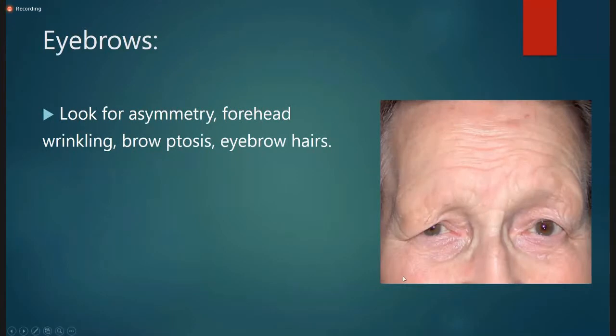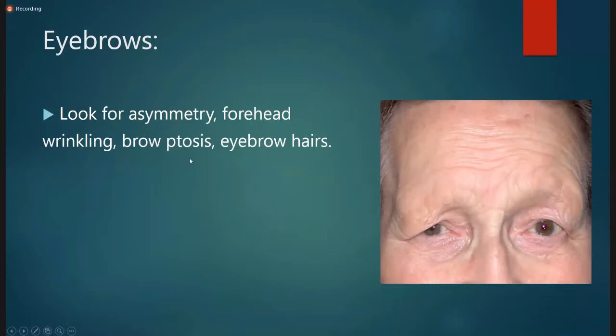So look at this picture. You can see the asymmetry between the two eyebrows. In the right eye, the eyebrow is covering the pupil. But when we elevate this eyelid with the help of our finger or thumb, this portion becomes evident and it is normal like this.